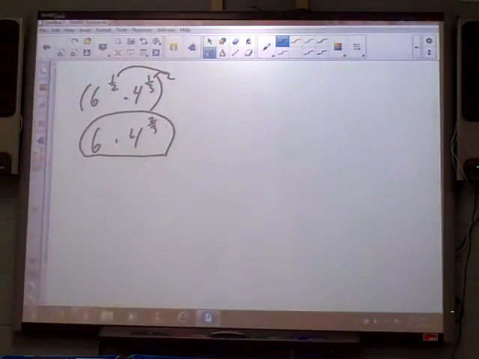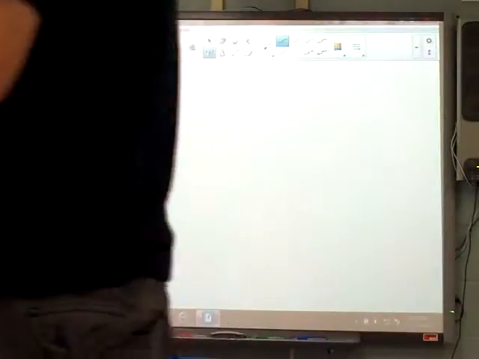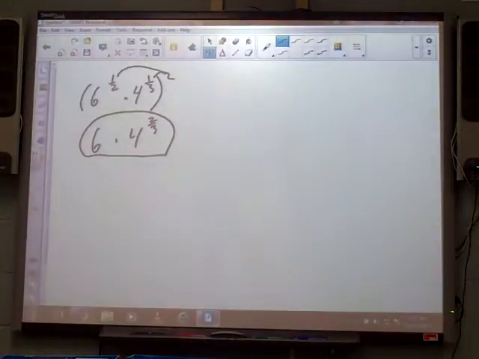Nope, because that 2/3 is on the 4, so that would be multiplied by something different. Make sure you put the 2/3 just on the 4. Let's see how you got that. I got 15.11. You don't have that as a power.